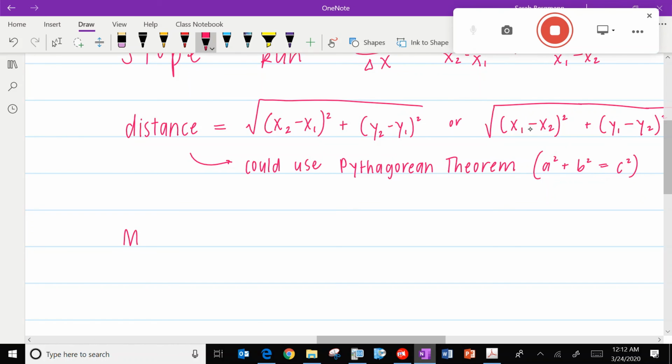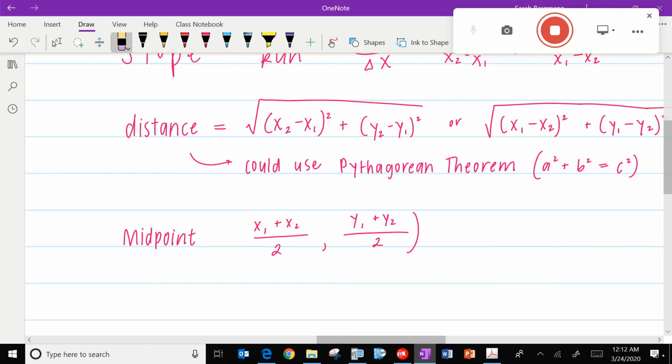Next is midpoint theorem. The midpoint of a segment is at the point the average of the x's. So you add up the x's and divide by 2. And the y value is the average of the y's, so you add up the y values and divide by 2.